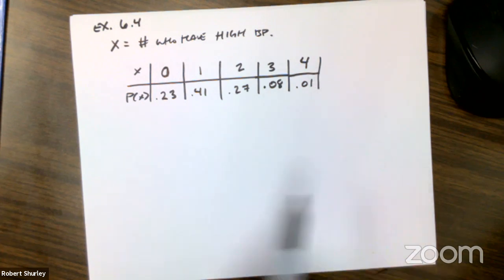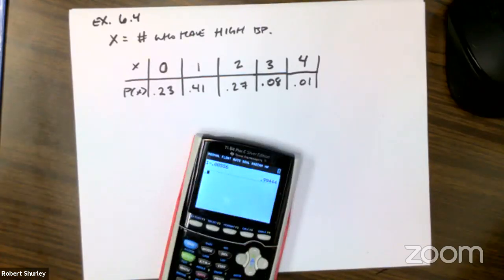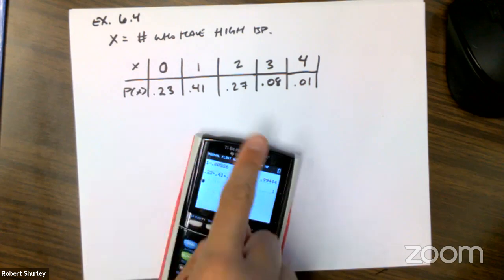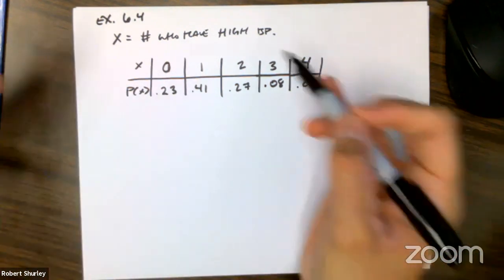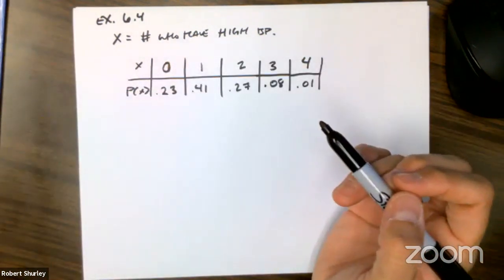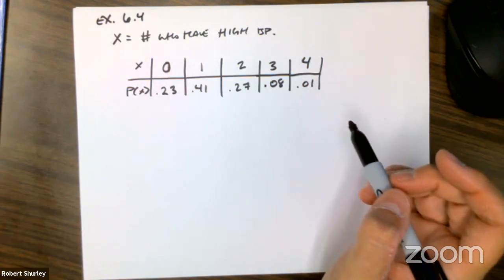So I'm going to add those together real fast just to check it: 0.23 plus 0.41 plus 0.27 plus 0.08 plus 0.01. Boom, 1.0. It's everything that could happen. So this is a probability distribution for 4 patients coming into that clinic.